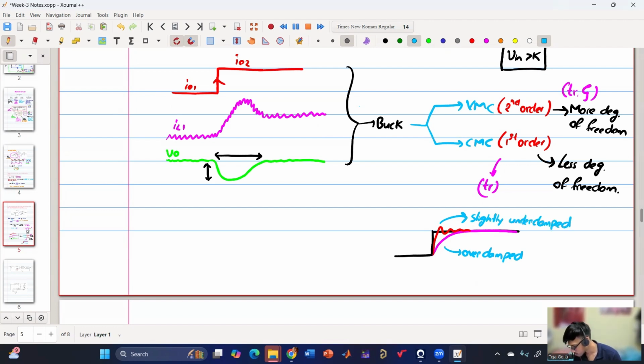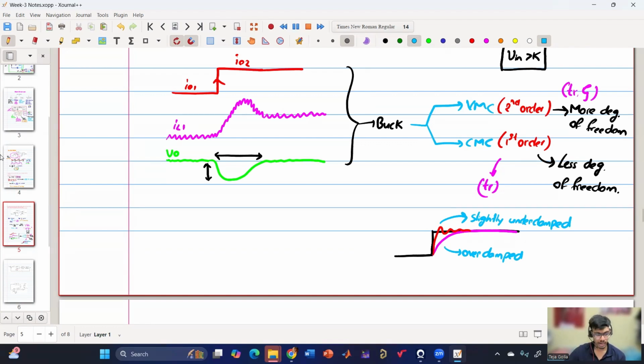So in the case of voltage mode control, I might have more flexibility, but response can be improved in voltage mode control as well as current mode control with both feedback as well as feed forward. So depending upon the application, we can choose between voltage mode as well as current mode. And of course, both of them have pros and cons.